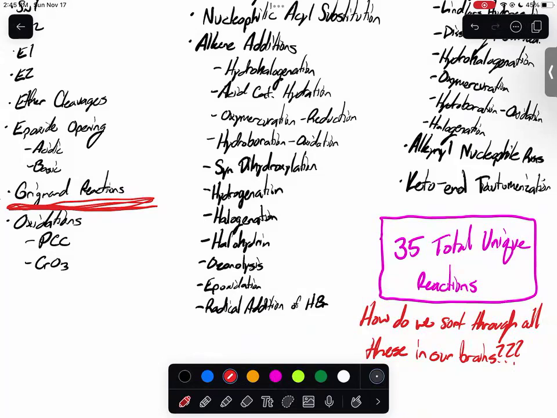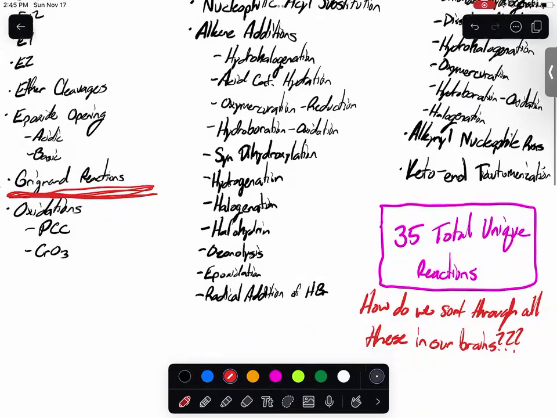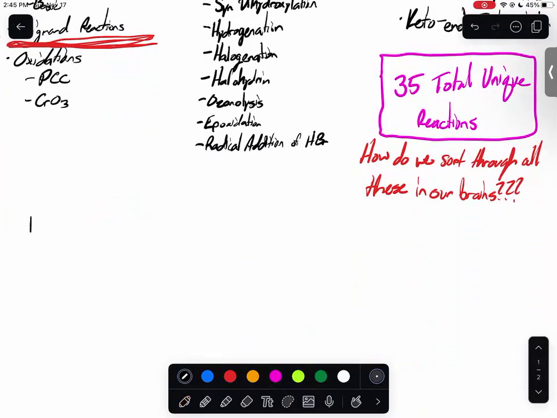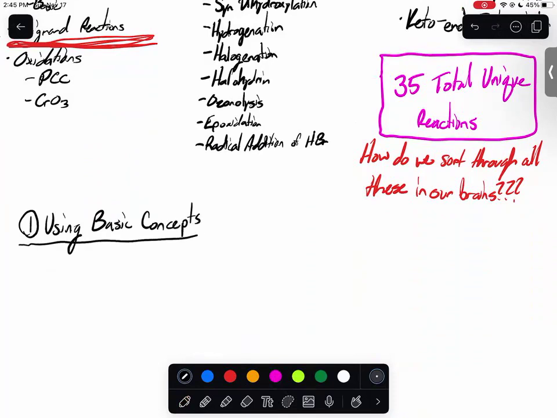The first one that we'll talk about here is using basic concepts. Right? And so if we think about using basic concepts, what do I mean by that? Well, essentially, we're going to be taking all of the stuff that we learned prior to exam one and throwing it into the ringer to think about what's actually going to happen.